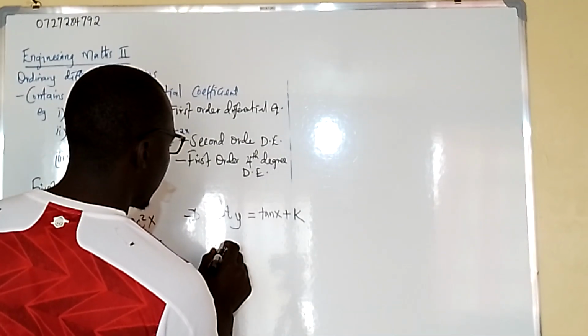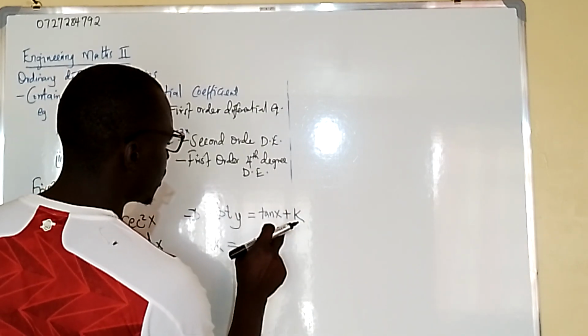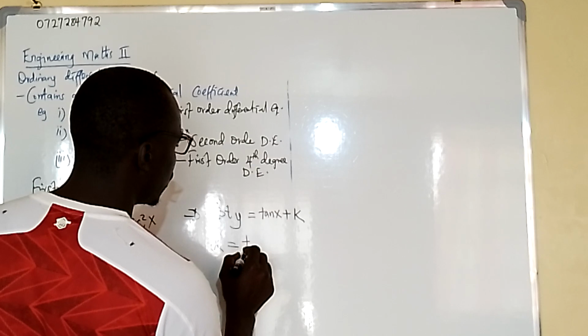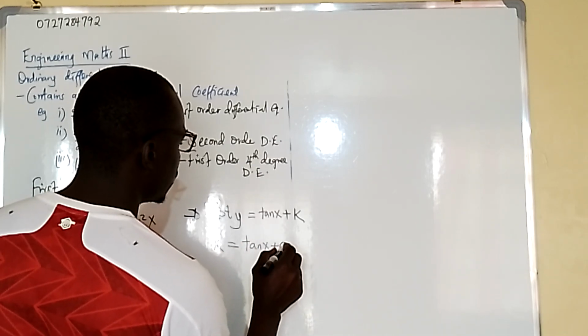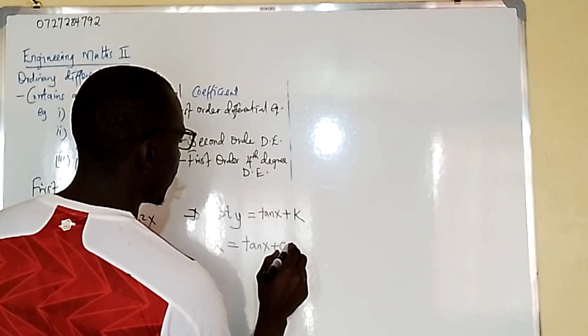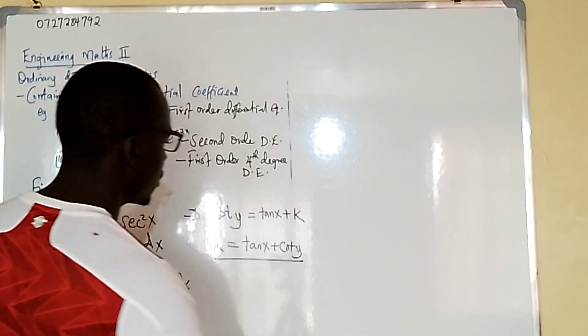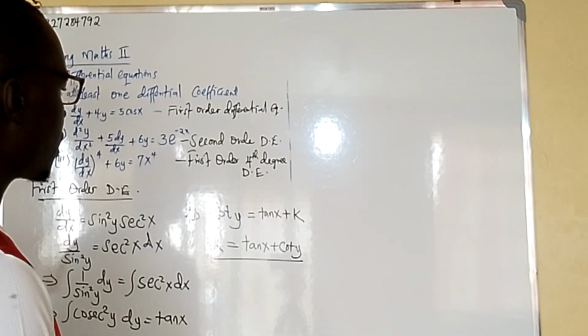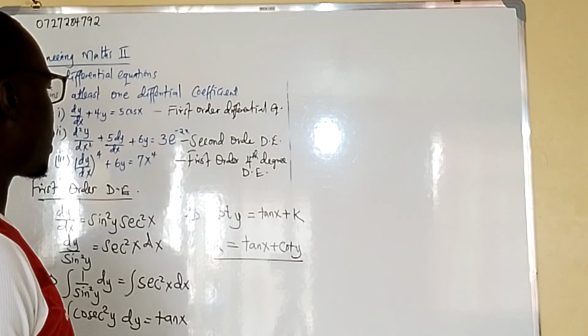So we have k is equal to, this one is a negative, crossing equal sign becomes a positive, tan x plus cot y. This one becomes our solution. So it is just as simple as such.